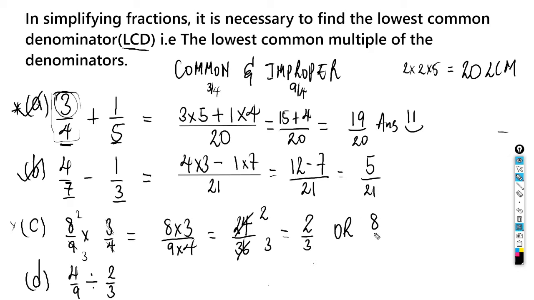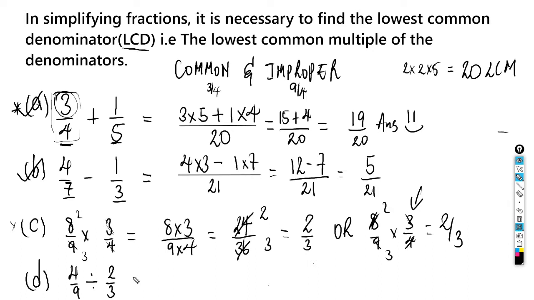So let's do it that way. 8 over 9 multiplied by 3 over 4 would give us 4 into 8 goes 2 times, 3 into 9 goes 3 times, so it'd end up with 2 over 3. Okay, I prefer this way. All right, I prefer to cancel out things first and then find my answer. I think it's much more convenient, but you can also do it this way as well.